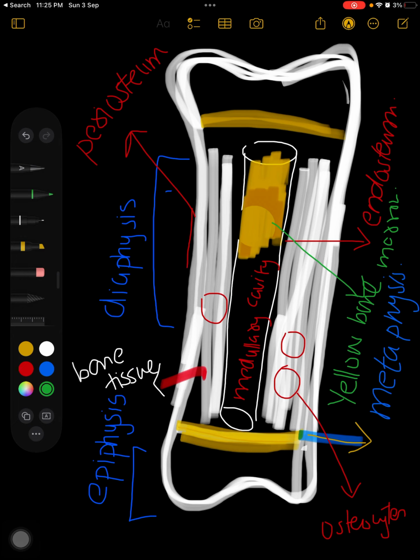And what is this yellow bone marrow? It is basically adipose tissue, right? And this medullary cavity region is also known as compact bone. Okay, in this epiphysis, here it is, this is basically a sponge.